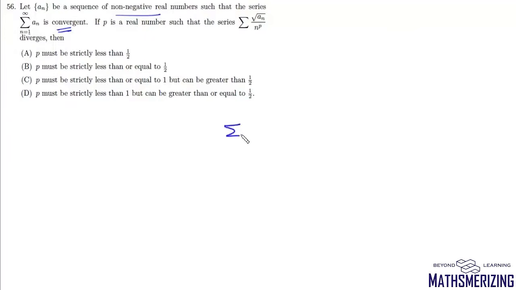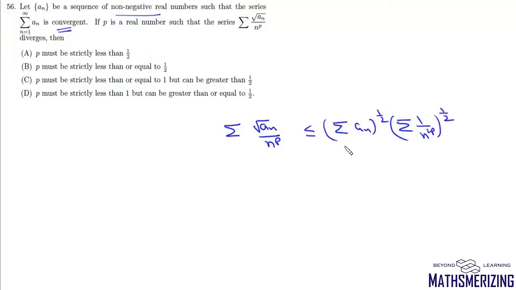this summation of under root a_n upon n to the power p is less than or equal to (summation a_n) whole to the power 1 by 2 times (summation 1 upon n to the power 2p) to the power 1 by 2.